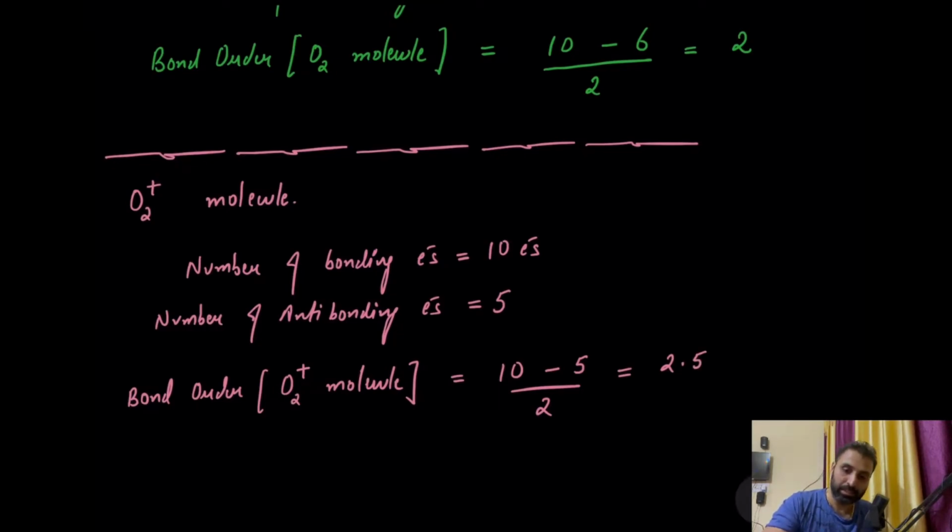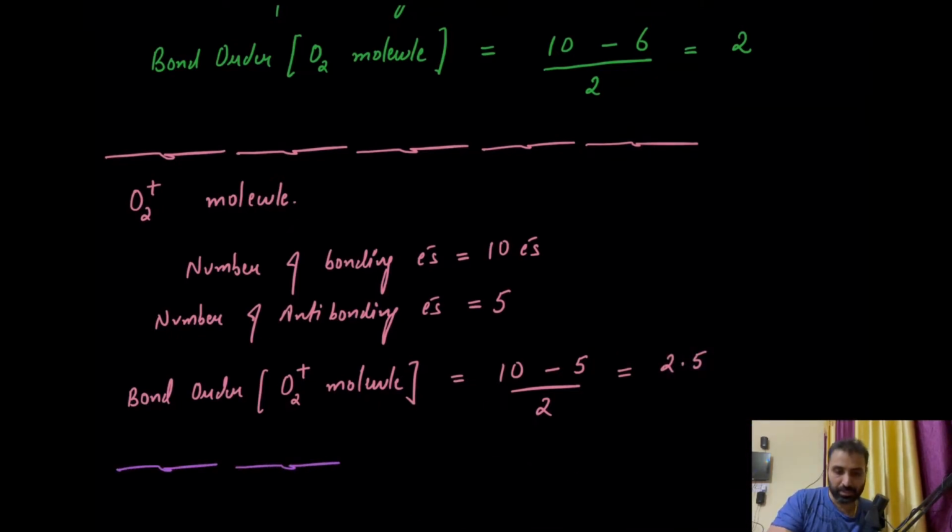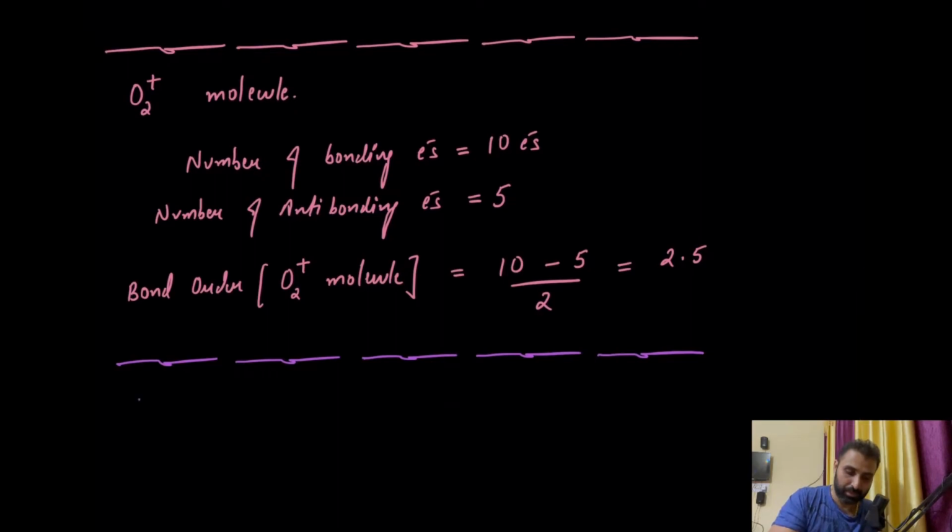Now let's talk about the O2 negative molecule. O2 with a unit 1 negative charge molecule.